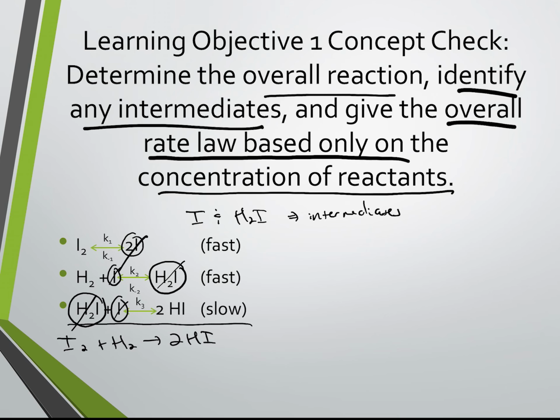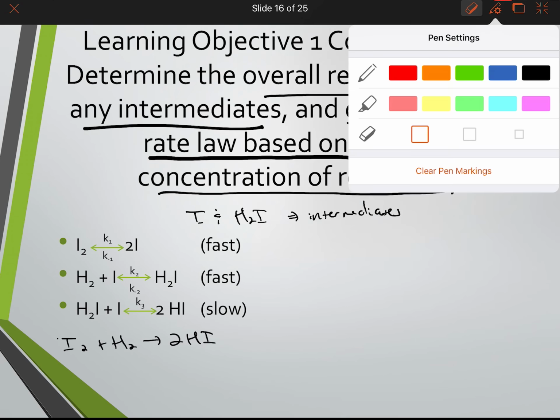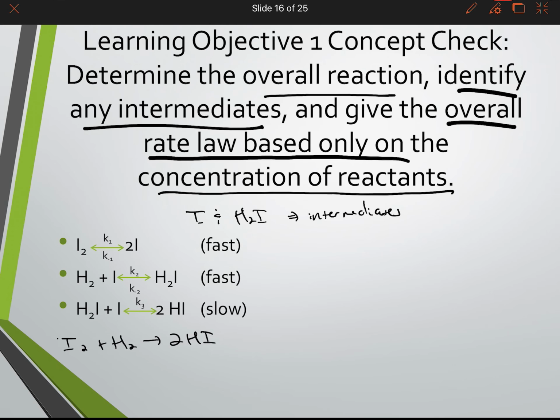Now, we want to take this idea and identify our slow step, write our rate law in terms of that slow step, and then since we have intermediates in that slow step, we need to write it in terms of reactants only. So we've got our slow step.